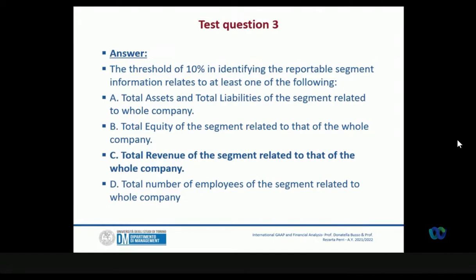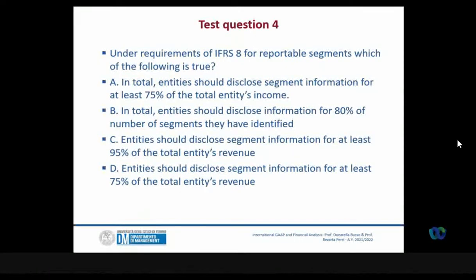No liability, no equity, no number of employees. Usually assets, liabilities, equity, and also number of employees are used as thresholds to categorize companies into big companies or small, medium enterprises or micro entities, but not for the reportable segment. So be aware, be careful with that.